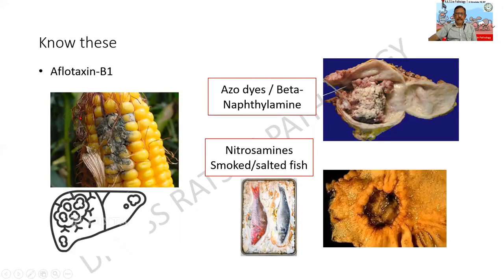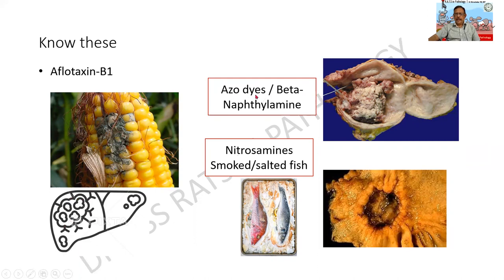See what happens. This is the maize that is being stored in a granary, and it is contaminated by means of aspergillus or fungus, which produces a toxin called aflatoxin B1. And this aflatoxin B1 can lead to a cancer in the liver called hepatocellular carcinoma. And this is another strange thing that is happening.